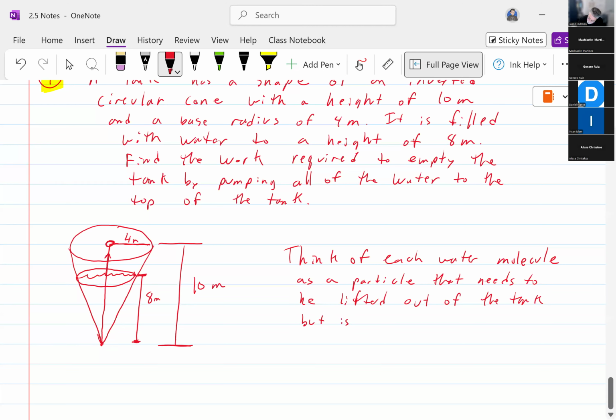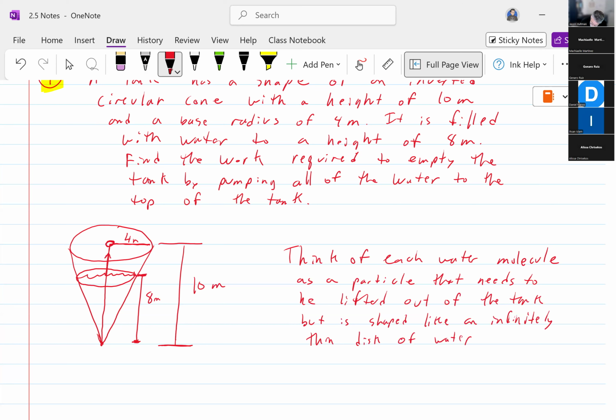But it's shaped like an infinitely thin disk of water. So what does that mean?